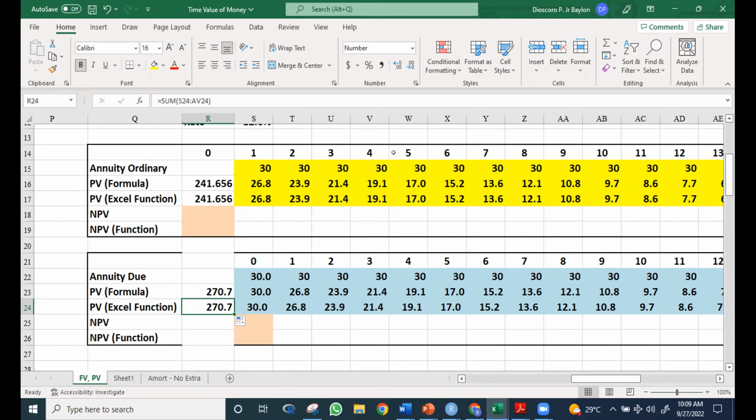If we're given a scenario that does not indicate whether it's annuity ordinary or annuity due, always assume that it is annuity ordinary. In the absence of any qualifier, always assume that the cash flow is annuity ordinary.